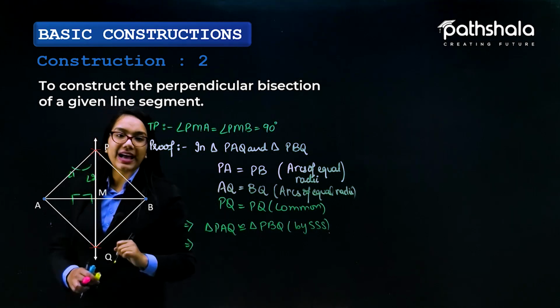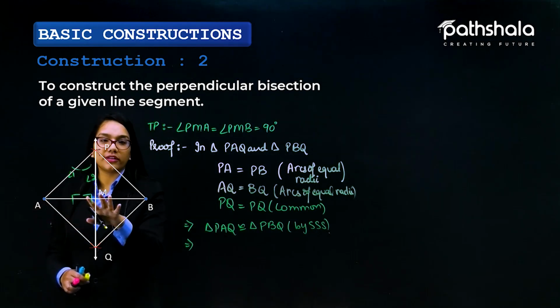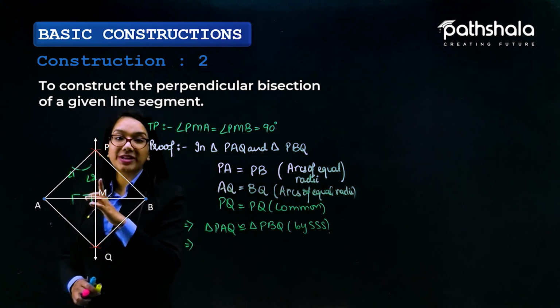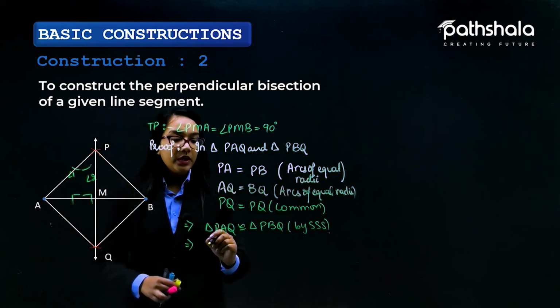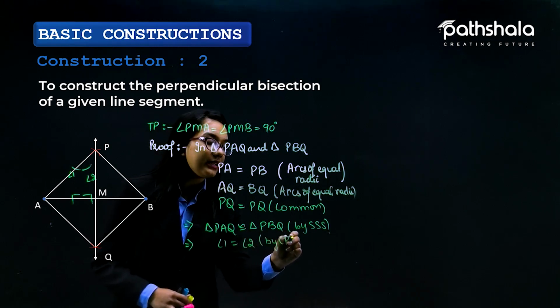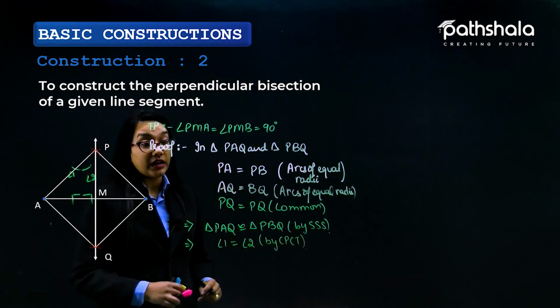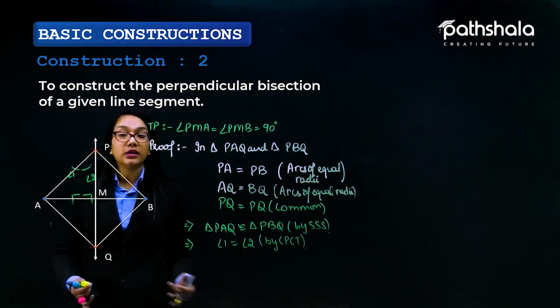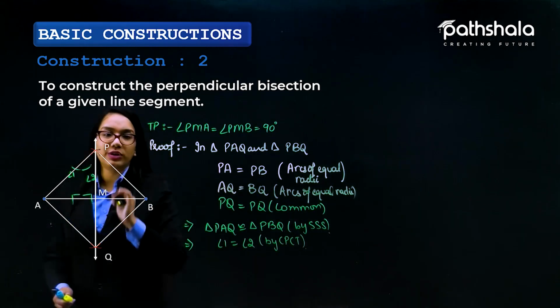So if these two triangles are congruent, then angle 1 should be equal to angle 2. Obviously, it implies angle 1 is equal to angle 2. How? By the rule CPCT, the corresponding parts of congruent triangles should be equal to each other. So angle 1 should be equal to angle 2.